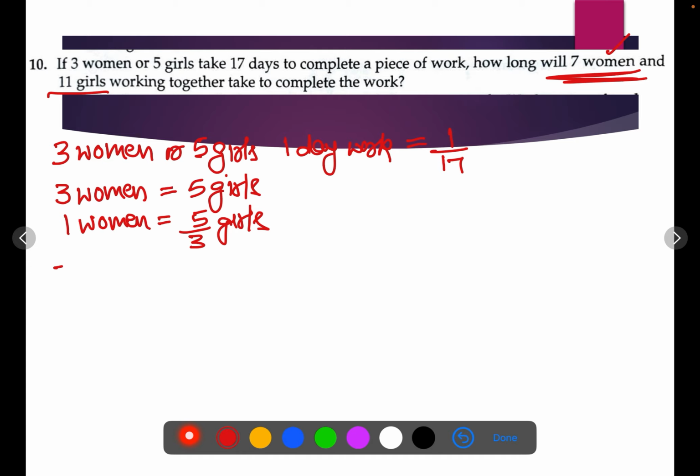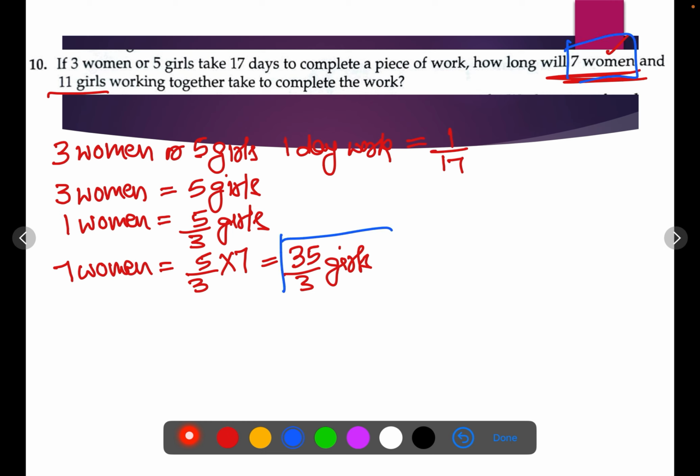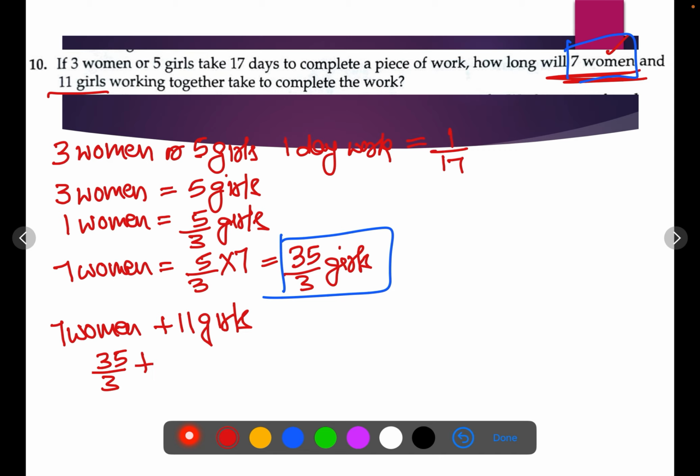I have to convert 7 women. So 7 women would be 5 upon 3 into 7. That gives me 35 upon 3 girls. So the capacity of 7 women I have converted, and 7 women will be 35 upon 3 girls. I hope this conversion is clear. Now the question is asking me for 7 women and 11 girls. So 7 women is 35 upon 3 plus 11 girls.